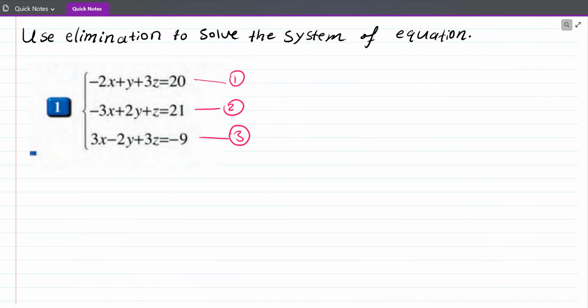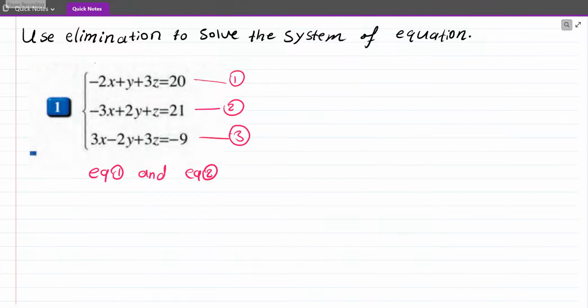It's not about, for example, must be equation 1 and 2, equation 2 and 3, equation 1 and 3. How you see is easy, with the less steps, you can pick these two equations. For example, we can pick equation 1 and equation 2. You can pick other two equations as you like.